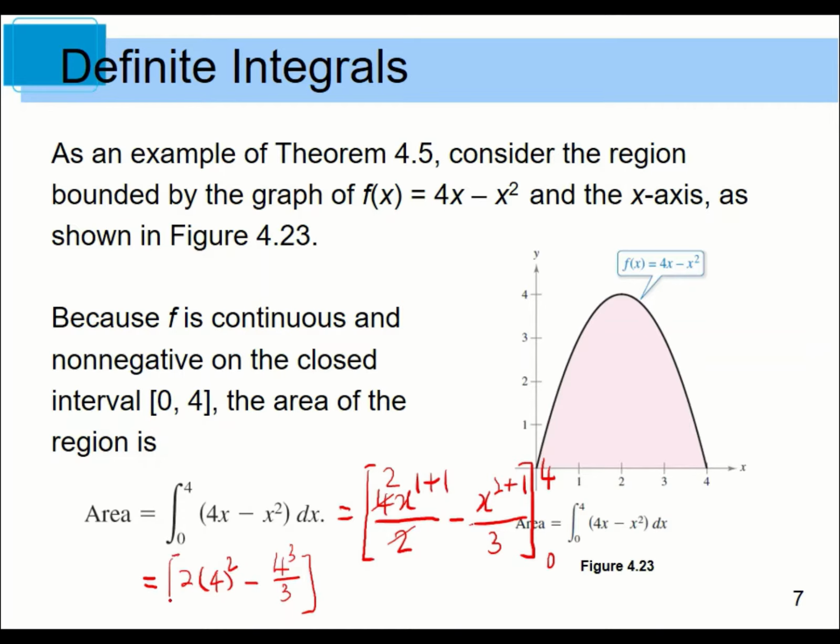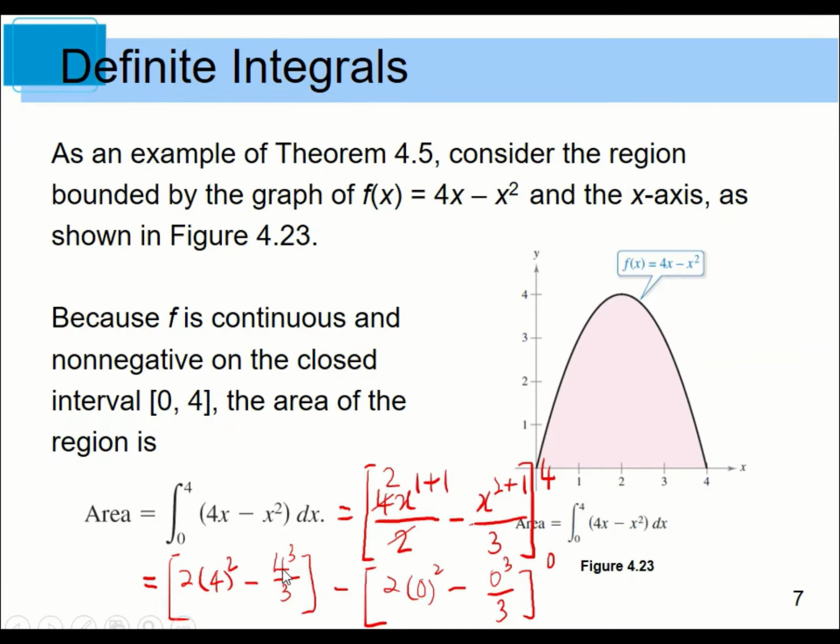When we substitute 4 inside, we then minus the result of substituting 0 inside. Substituting 0, we have 2 times 0 squared minus 0 to the power of 3 over 3, and of course, we know this is 0.